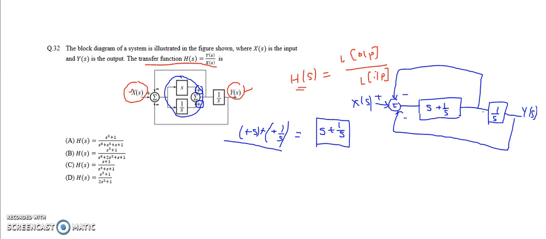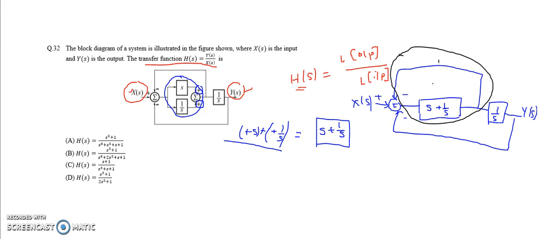Okay, so now coming to this one, look at this section. If you look at this section, it just looks like a unity negative feedback. So here H(s) is equal to 1, and what type of feedback is there?